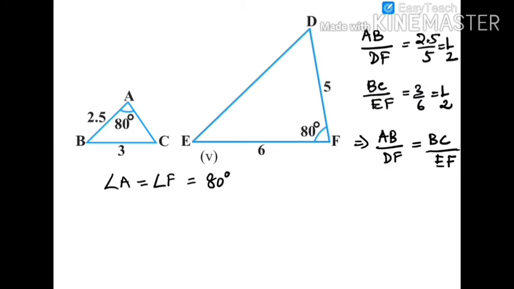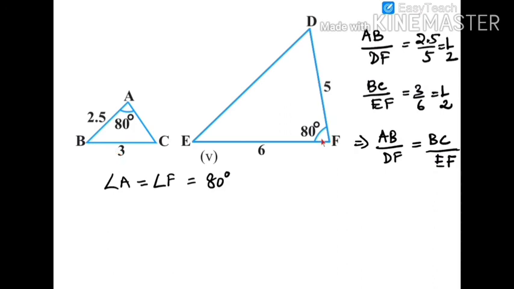So are these two triangles similar? We have two corresponding sides proportional and one angle equal in these two triangles. But notice that the angle that is equal is not contained between the corresponding sides that are proportional in the first triangle.